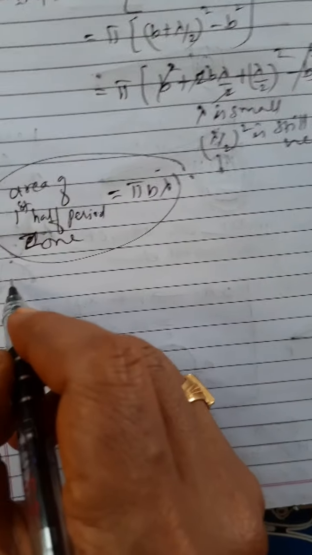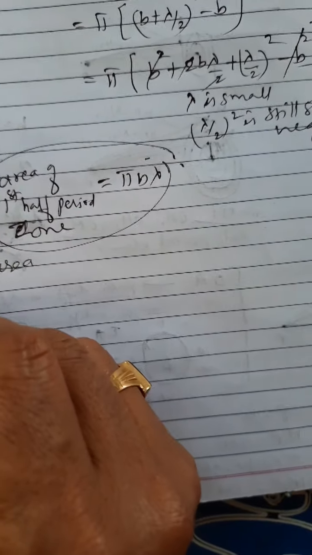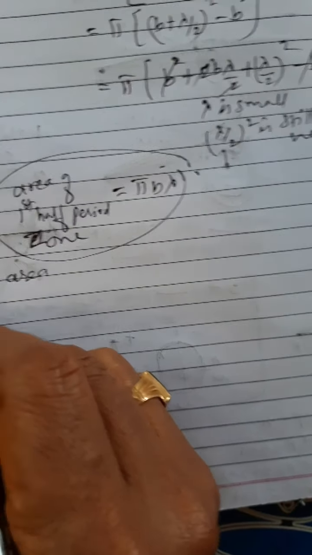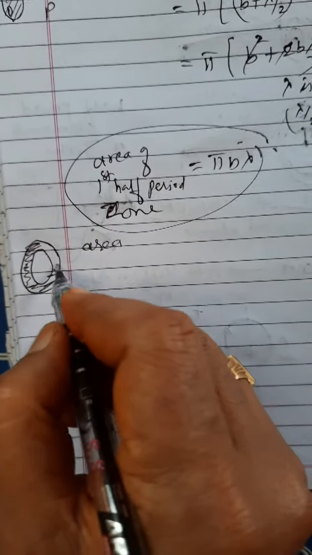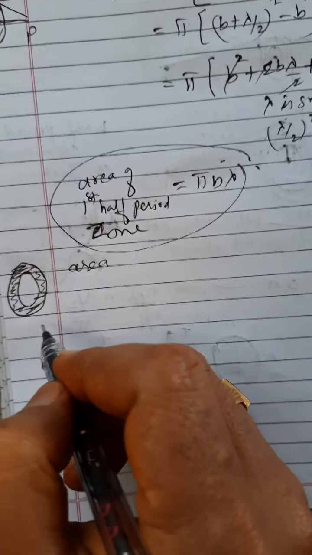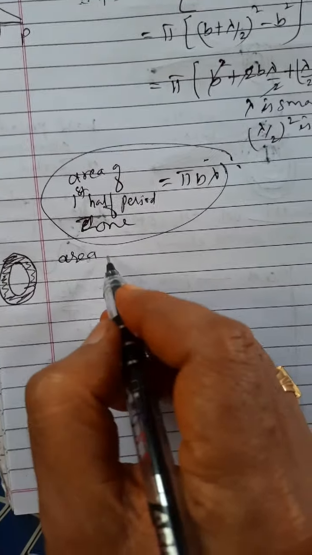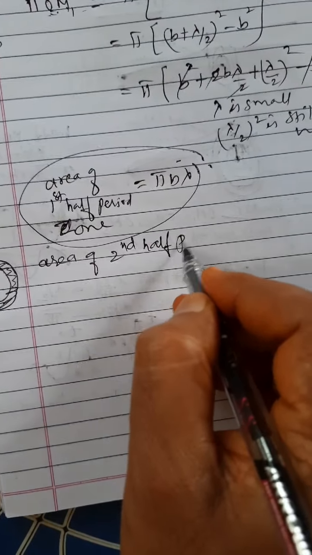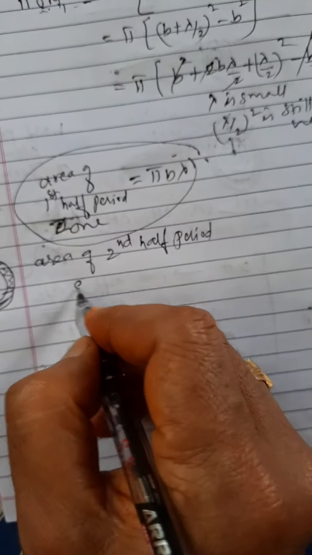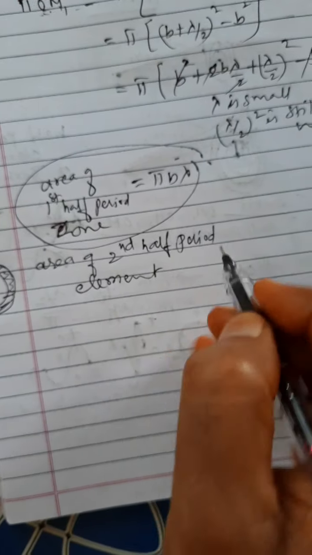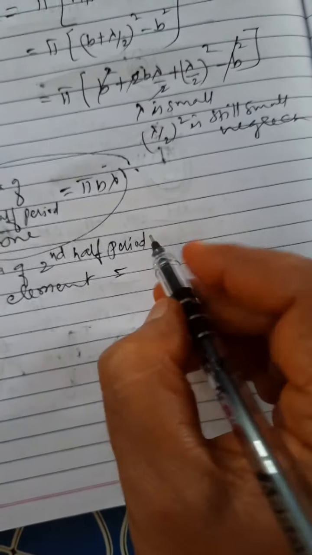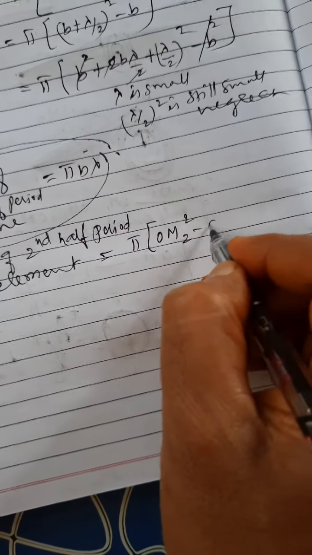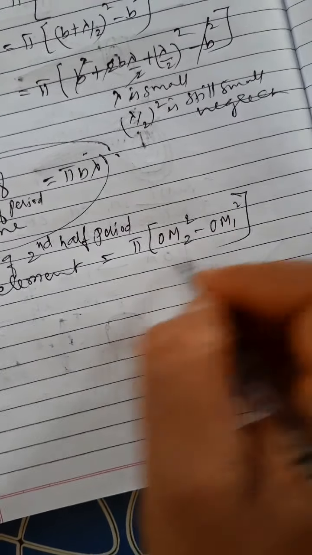Similarly, you can find the area of the second half period element, means this area. It is equal to pi times (OM2 squared minus OM1 squared).